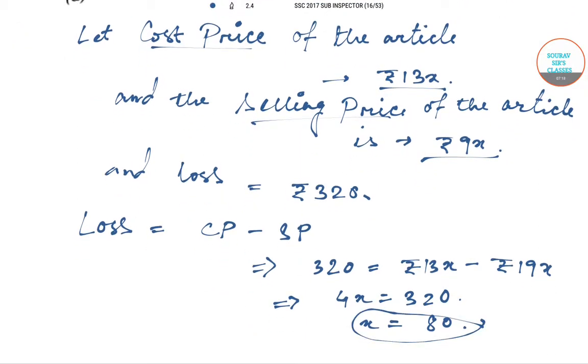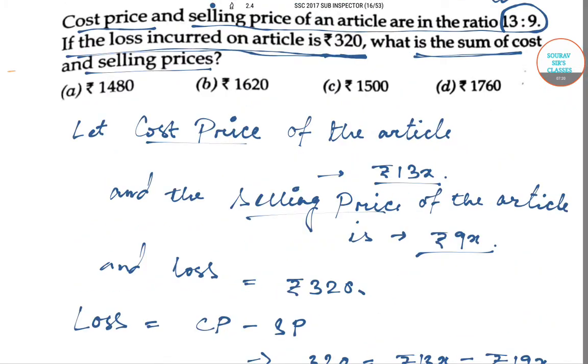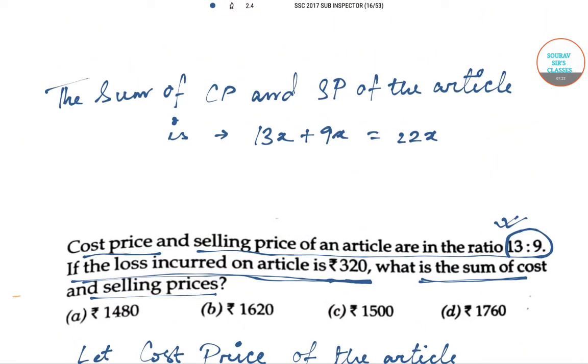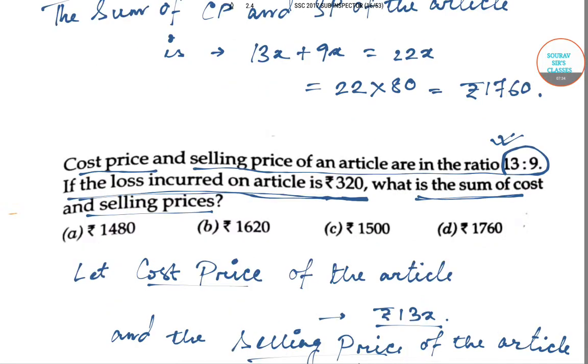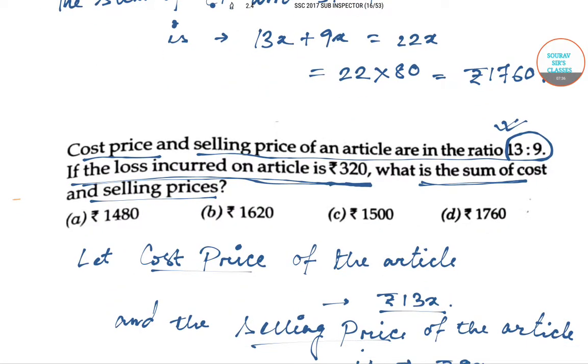So now we put x equal to 80 here, that is 22 into 80, that is 1760 rupees. So the sum of cost price and selling price of the article is 1760 rupees, that is option D. So this is the answer.